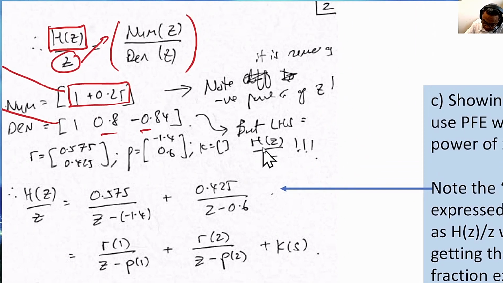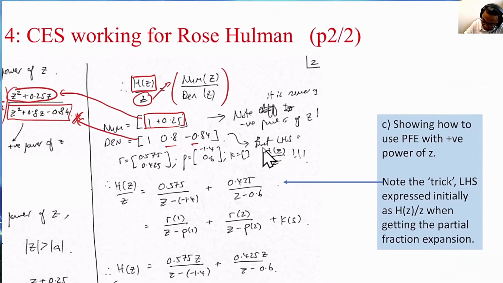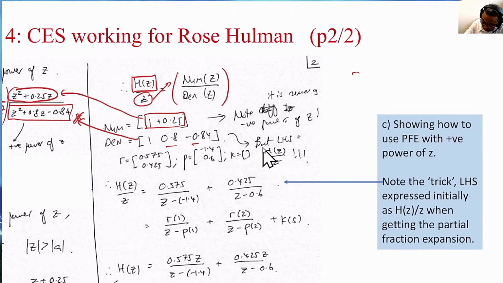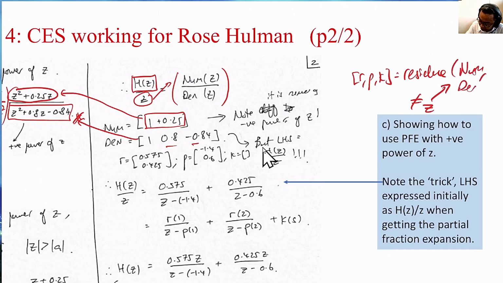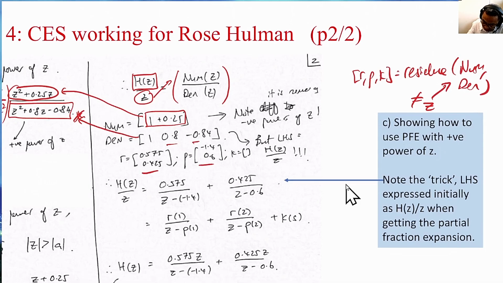Please remember, this is r, p, k equals residue, not residuez. We use the numerator and denominator because we are using positive powers of z in the expression. Then you get this answer and we substitute in.